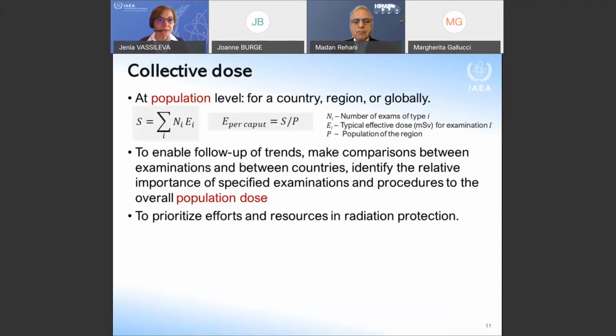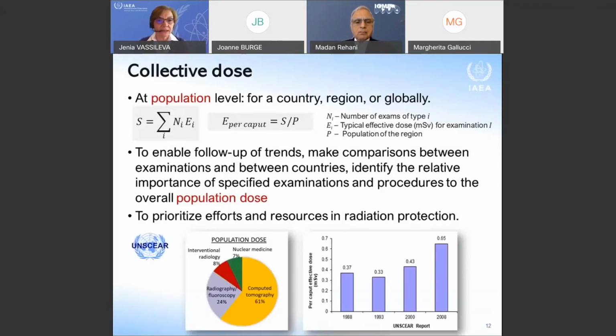And this enables a follow-up of trends, make comparisons between examinations and between countries, identify the relative importance of specific procedure to the overall population dose. As an example, I added here two graphs from the UNSCEAR analysis reports.